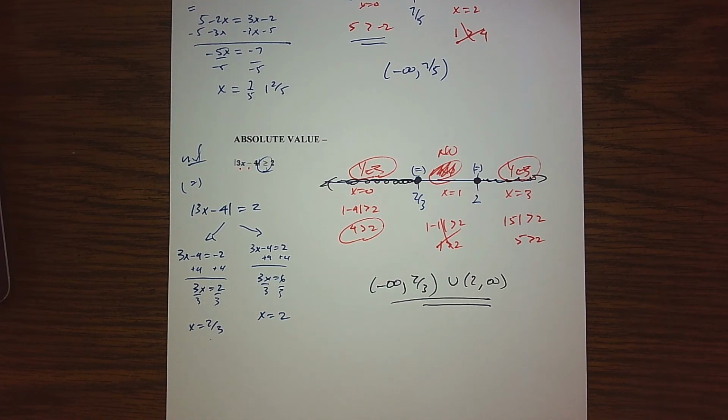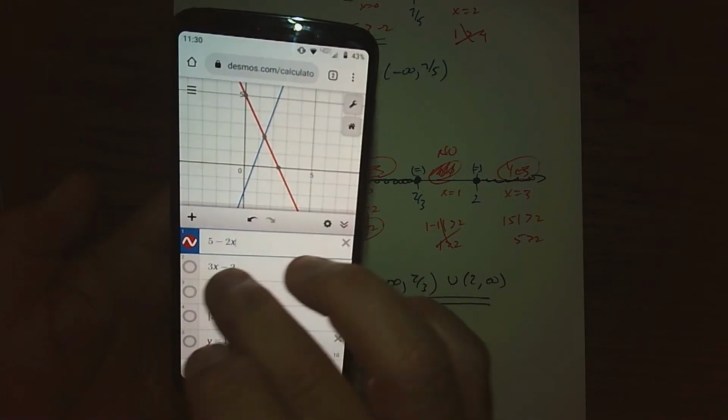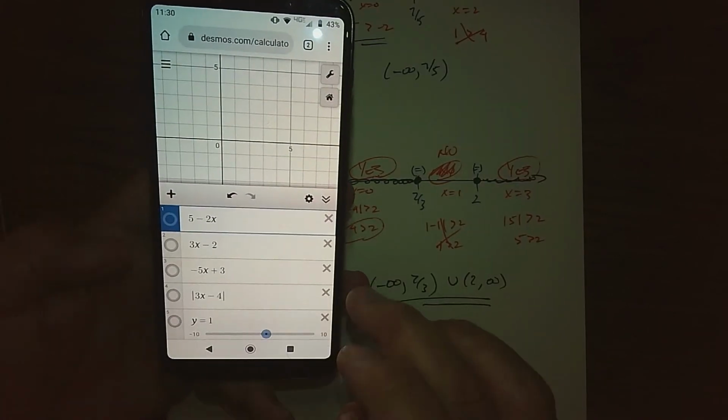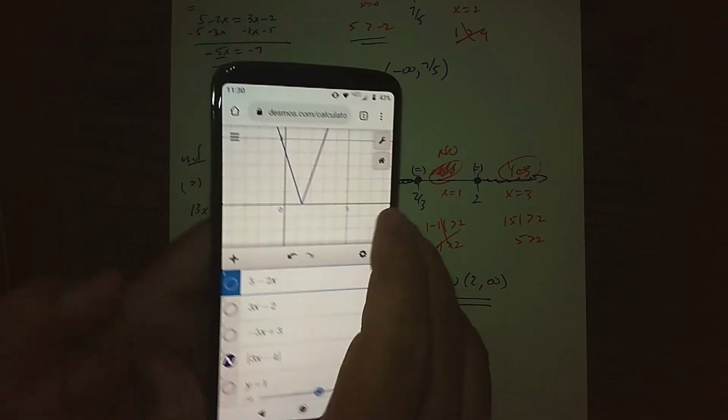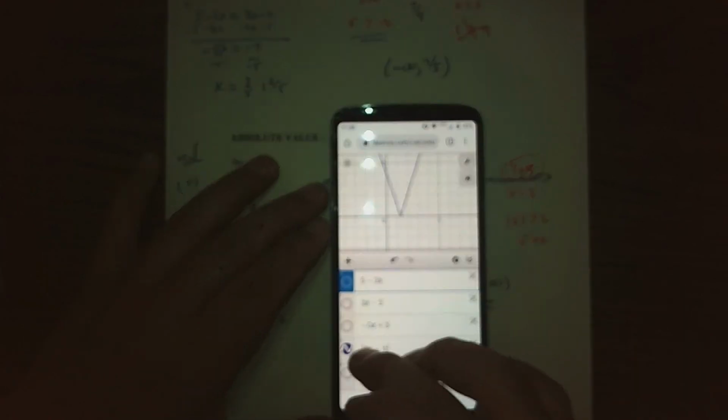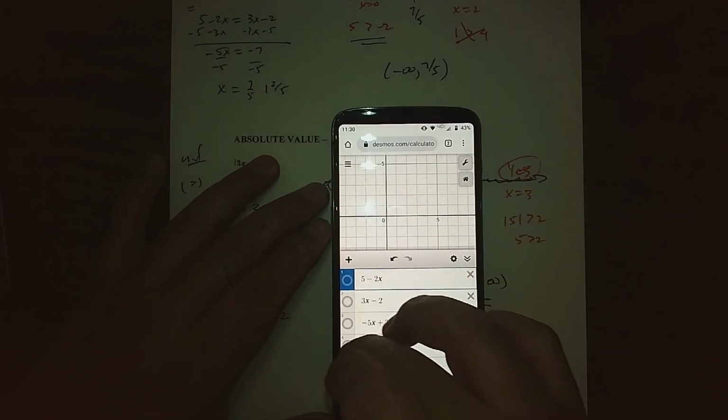Again, we can test that by looking at my Desmos. So when I go to Desmos and I graph the absolute value of 3x minus 4, there's what that graph looks like.